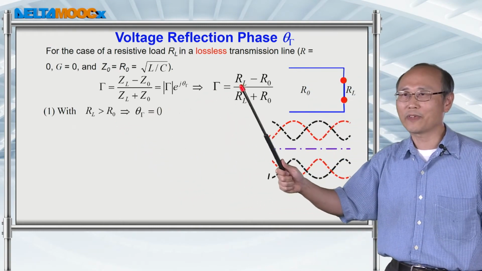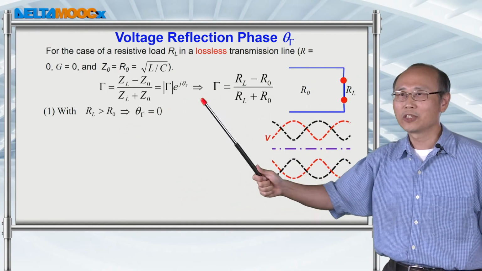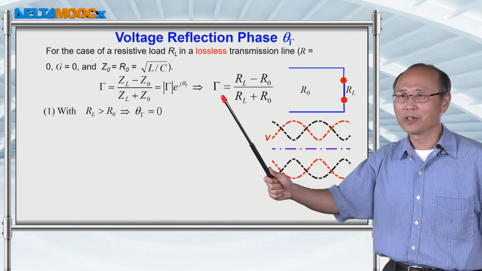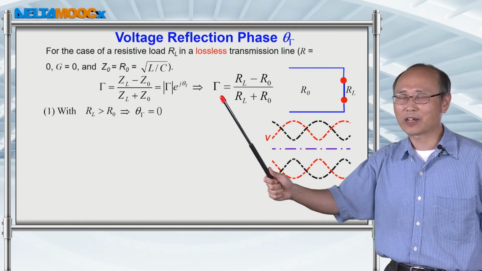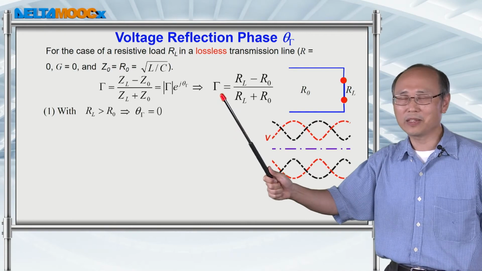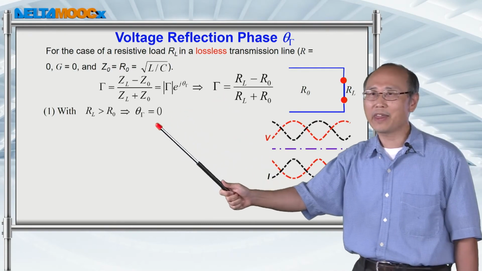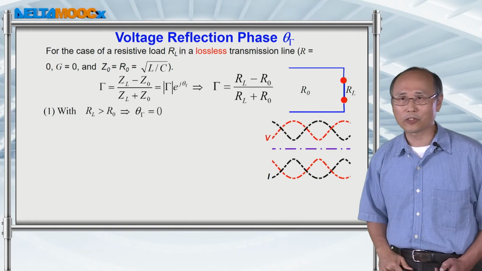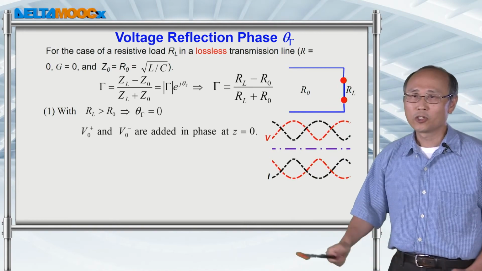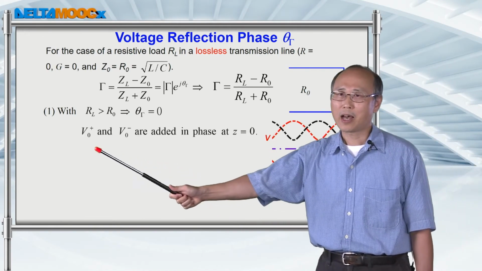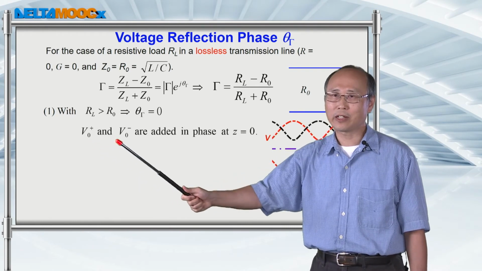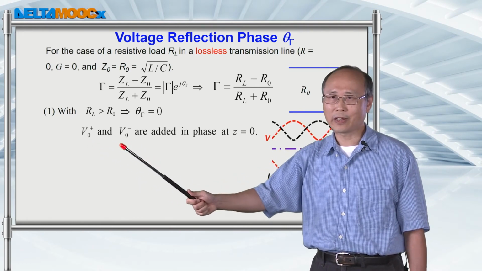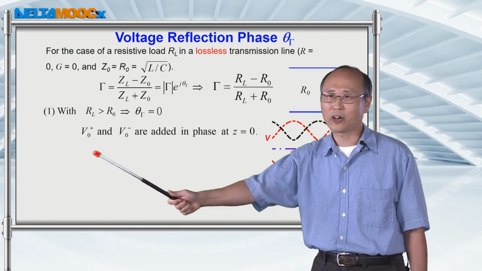Then this value is larger than this value, so gamma is a positive number. If gamma is a positive number, then your reflection phase is going to be equal to 0 or an integer multiple of 2 pi. This means that the reflected voltage is going to be in phase with the incident voltage.